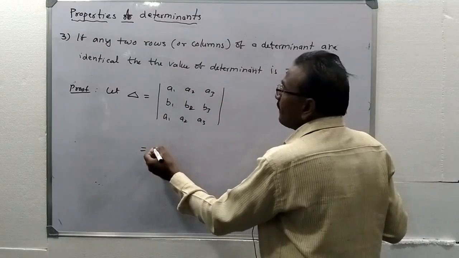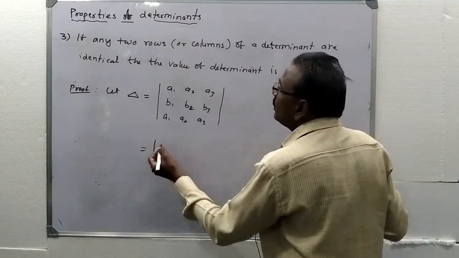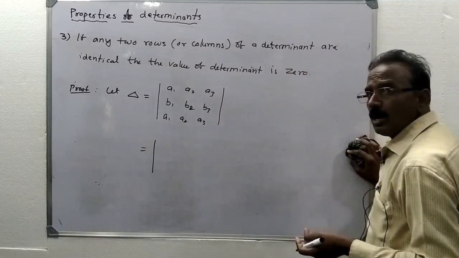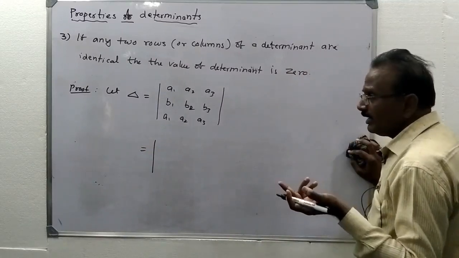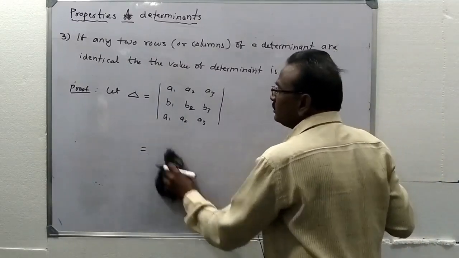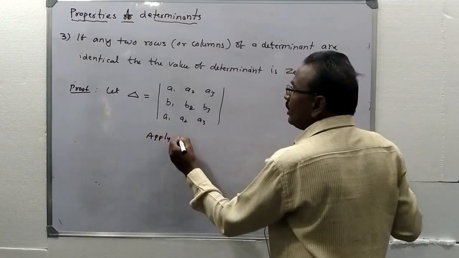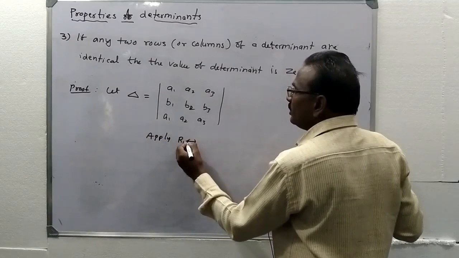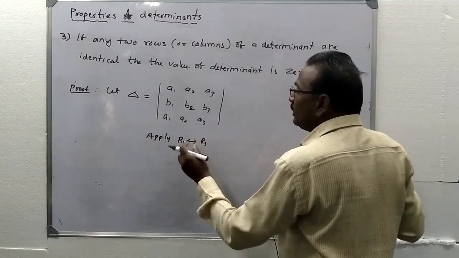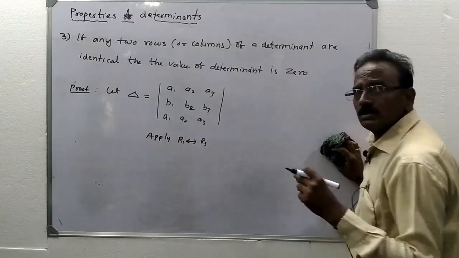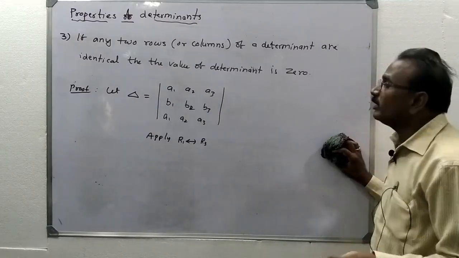Suppose, by property 2, when two rows are interchanged, the sign of determinant changes. Suppose you are applying R1 interchange R3. When we interchange any two rows or two columns, the sign of determinant changes.